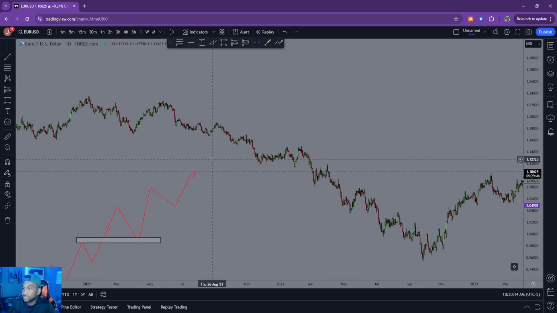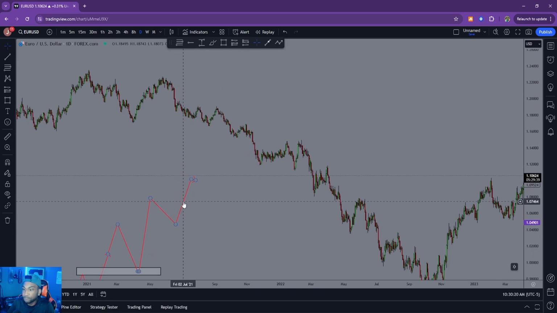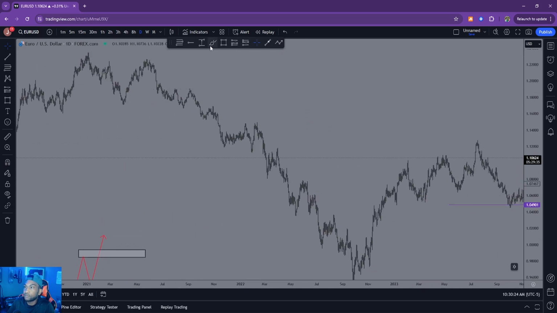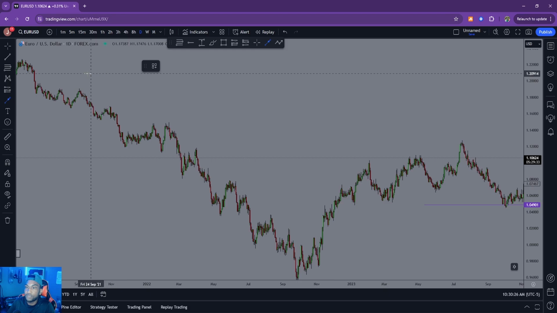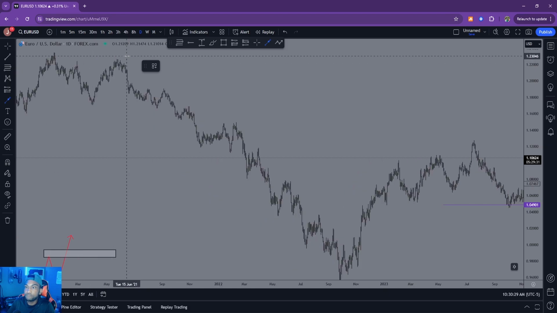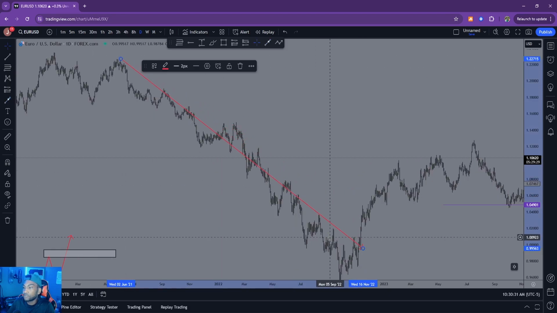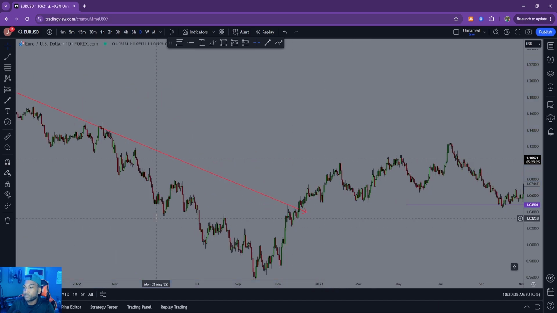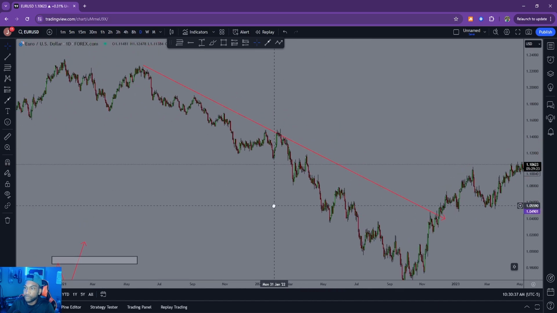In this area, we start from May 2021. If we drew a trend line starting here all the way at the top and going down, that's clearly a bad trend line, but that's clearly what we call bearish sentiment.